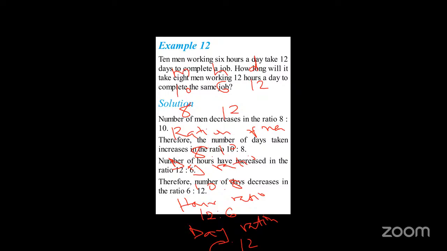Then from there now tutakuja tuangalie mahali tuko na days. Kuna hii ratio ya days na hii ya days hapa chini, tutazimultiply then times hii number of days tumepewa hapa, so itakuwa ni 10 over 8 times 6 over 12 times the 12 days, whereby ukisimplify itakupea 15/2, which is 7.5 days.